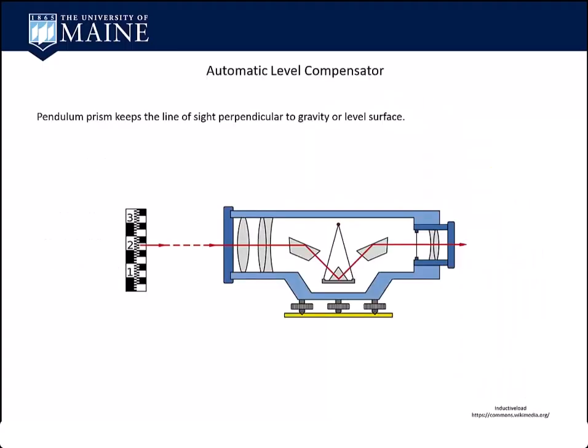And this is the automatic level compensator. You've got a little prism hanging from a couple pieces of film, not unlike Mylar. And as the level changes, it's going to direct that horizontal plane such that it stays level, because those are prisms on the right and left of it.